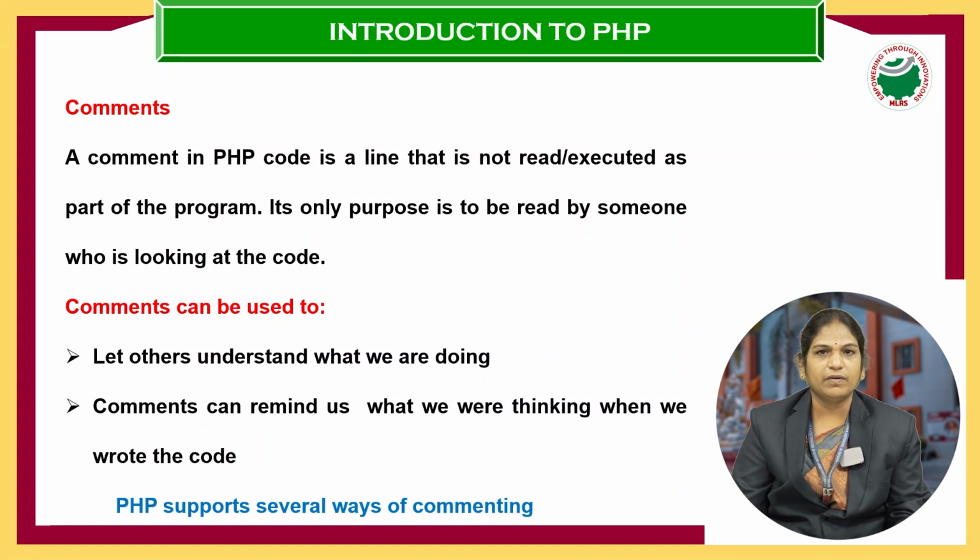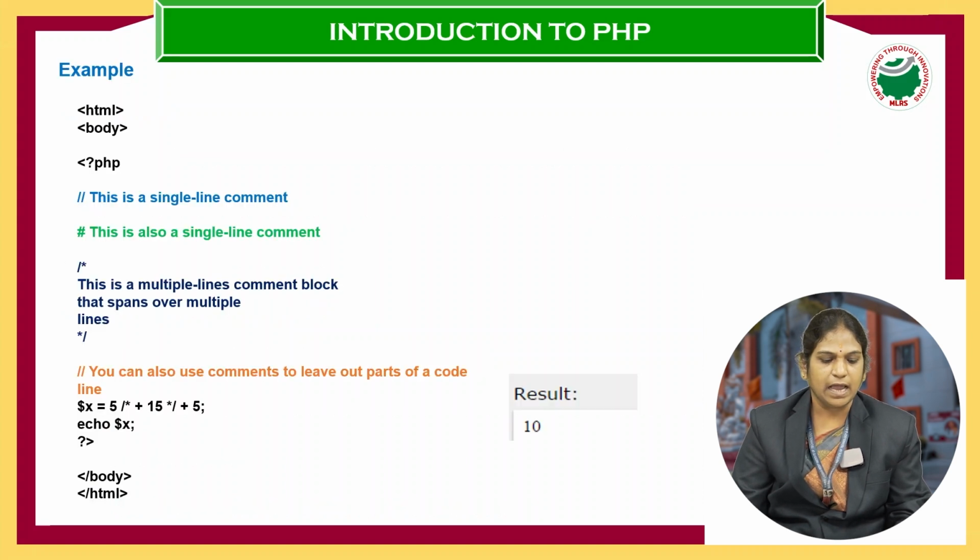Just like other programming languages, PHP also supports comments, and there are multiple ways to specify them. Double slash // indicates a single line comment, and the hash sign # is also used to indicate a single line comment.